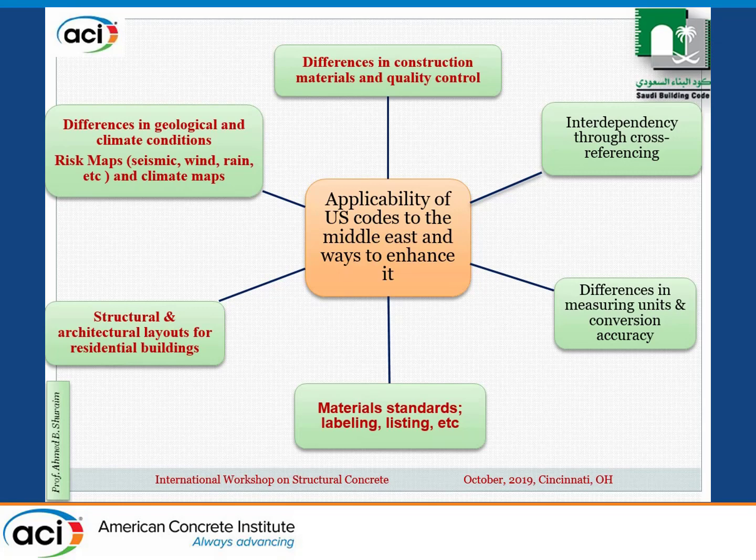Of course, wood is a major material for construction, but in Saudi Arabia, that's not an option. So anything related to wood will be excluded, and now you need to do something else. That is mostly in the residential code that will be challenged. Okay. Now, the other thing is interdependency through cross-referencing.